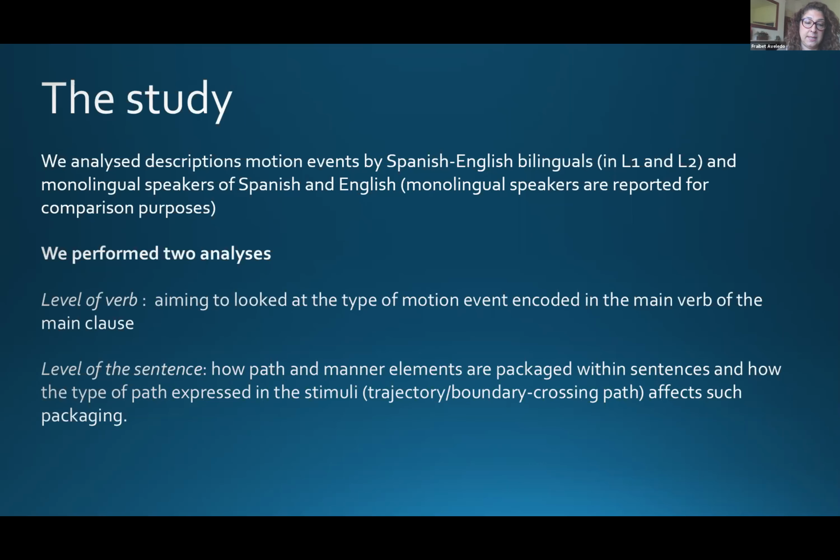I have to say that this analysis at the level of the sentence is still in progress. It's not as beautifully done as Aline's.